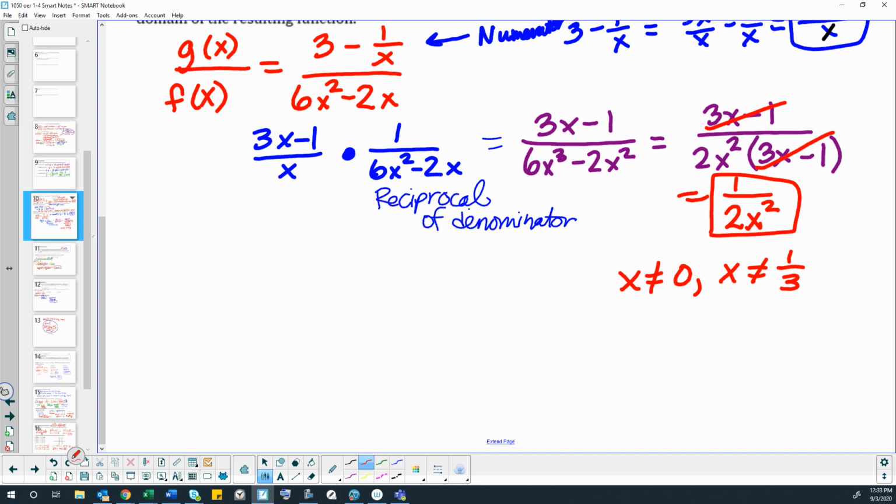Oh yeah, 6 ninths is 2/3, right? What happens when I take 6 ninths and I subtract 2/3? I get 0. So since 1/3 would make our denominator 0 in that step right there, even though that canceled out here, we still can't include that in our domain. There's a hole right there, because we can't plug a 1/3 into this problem without dividing by 0.